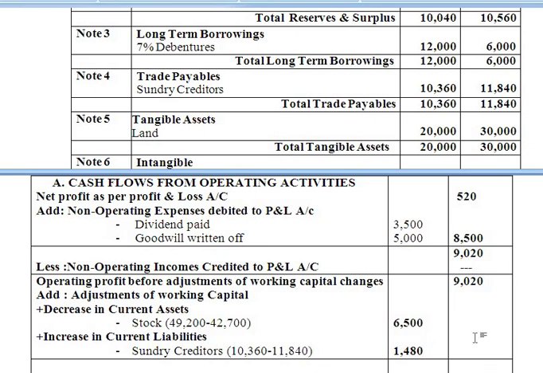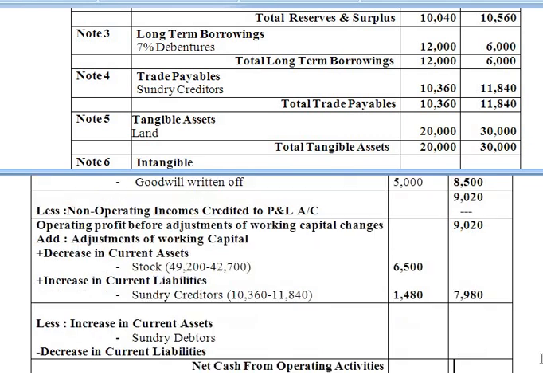Now make the total and take it in the outer column. 6,500 plus 1,480, because there is only one current liability. So the total is 7,980. 7,980 is the adjustment of working capital.